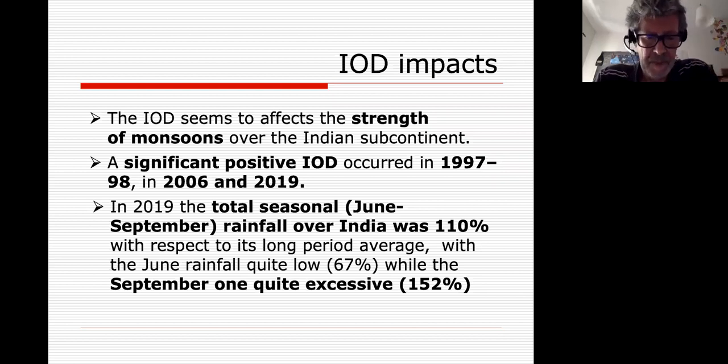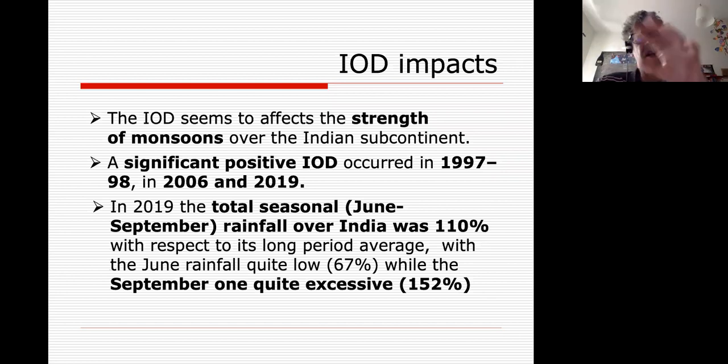And in 2019, the seasonal rainfall due to the monsoon over India was 110% of its long period average for the same period, same area.